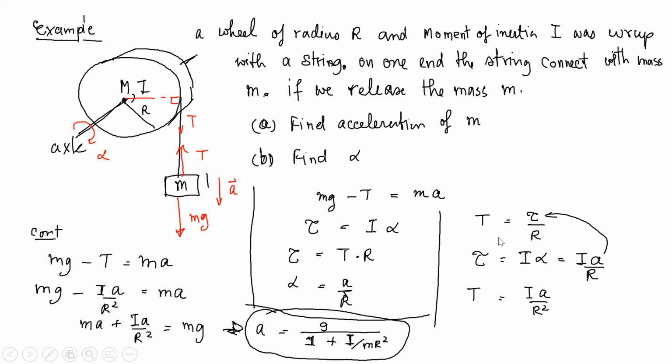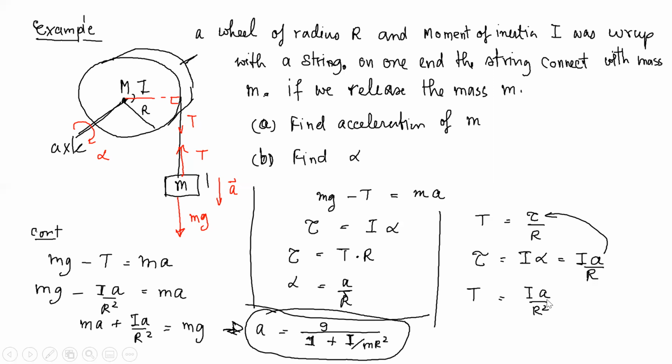So we get tension is torque over R, and torque equals I alpha. And alpha is a over R. So we get that the tension is I a over R squared, where a is the acceleration.